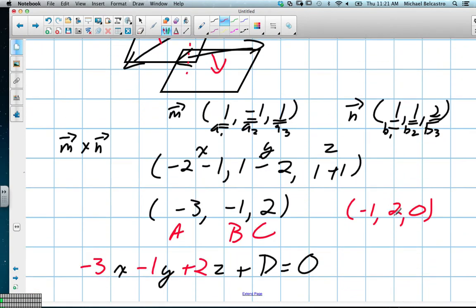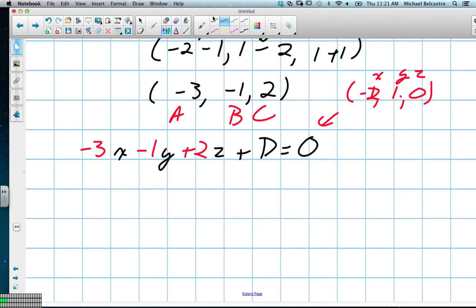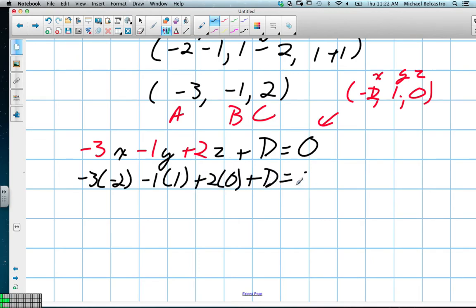I'll look up. -2, 1, 0. -2, 1, and 0. So this will be our x, y, and our z, which we'll plug into here to find what our d value is. -3 times -2 minus 1 times 1 plus 2 times 0 plus d is equal to 0, which will give us 6 minus 1 plus 0 plus d is equal to 0.